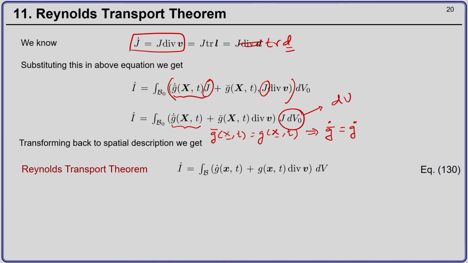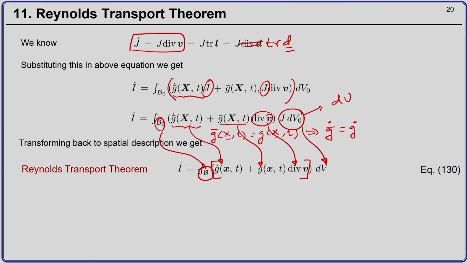So the first term becomes g dot and this becomes g times divergence of v, and J dV0 becomes dV, and the integral over the reference volume becomes an integral over the current volume.